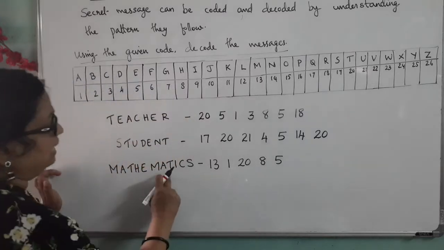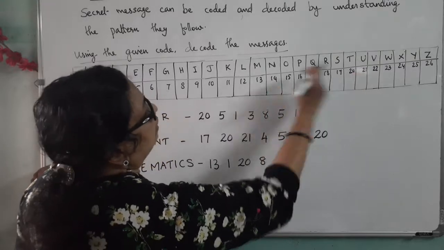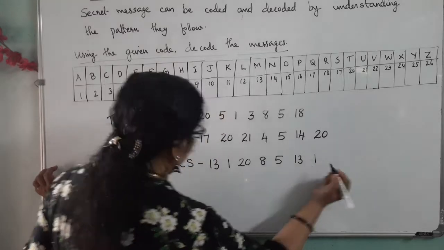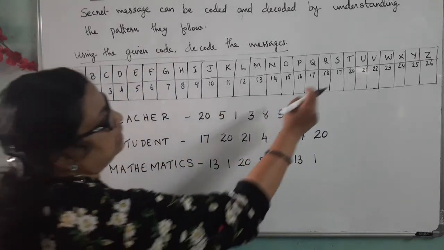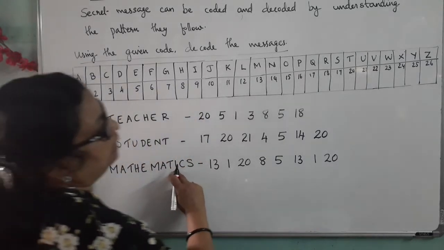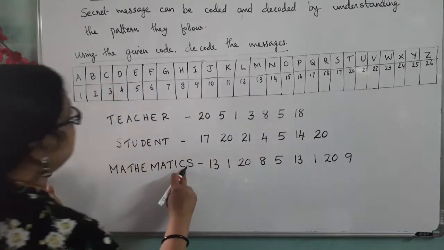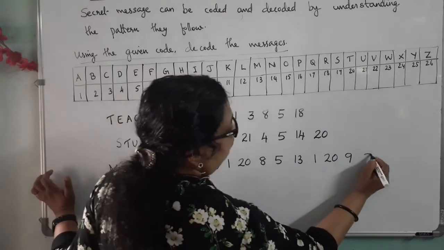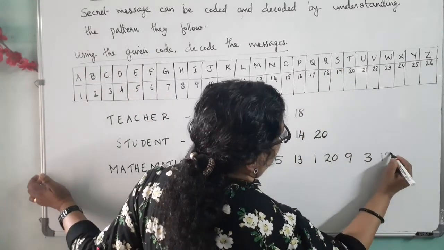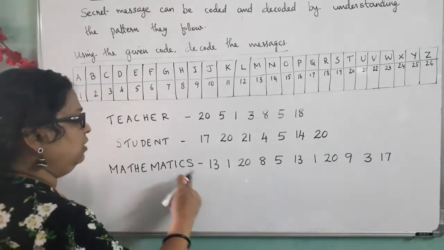Then matrix: M again is 13, then A is 1, then T is 20, then I is 9, then C is 3, then S is 17.